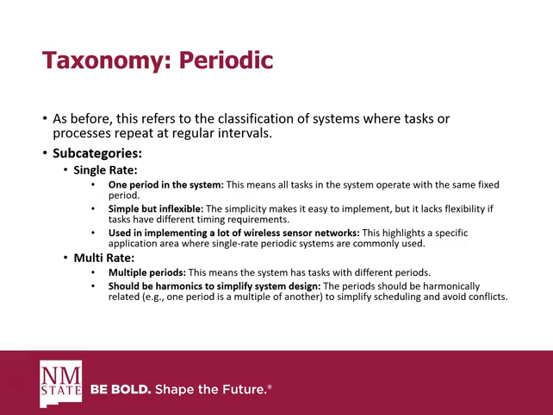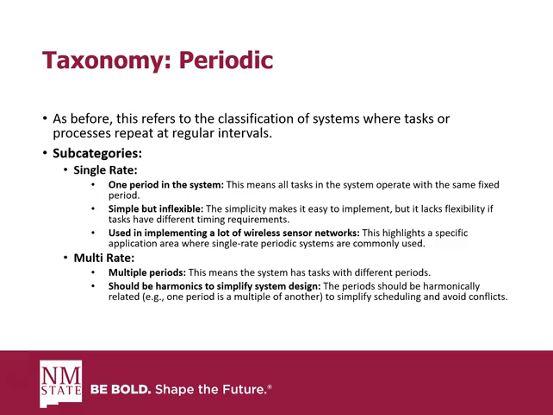This slide refers to the classification of systems where tasks or processes repeat at regular intervals. Within this, we find two main subcategories, which are single rate and multi-rate. First, we have single rate. This means there is one period in the system. All tasks operate with the same fixed period.